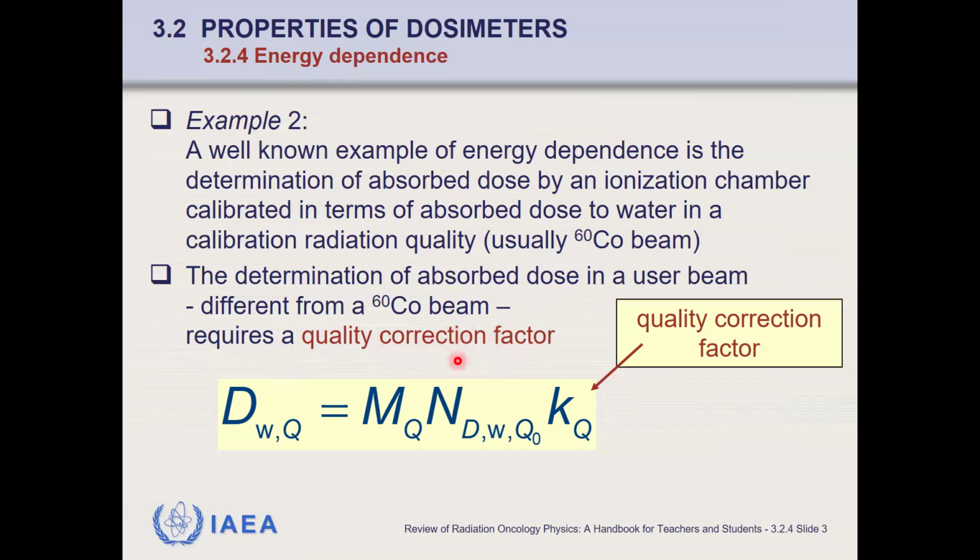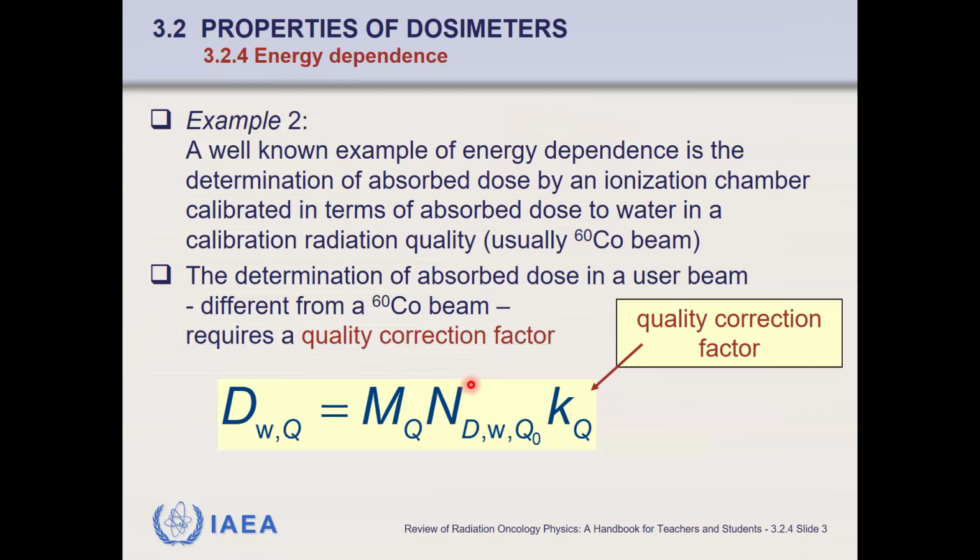So it accounts for the variations in the response of the ionization chamber to different radiation qualities or different radiation energies. In simpler terms, the ionization chamber's response to radiation can vary depending on the energy of the radiation. The initial calibration is specific to a certain radiation quality.